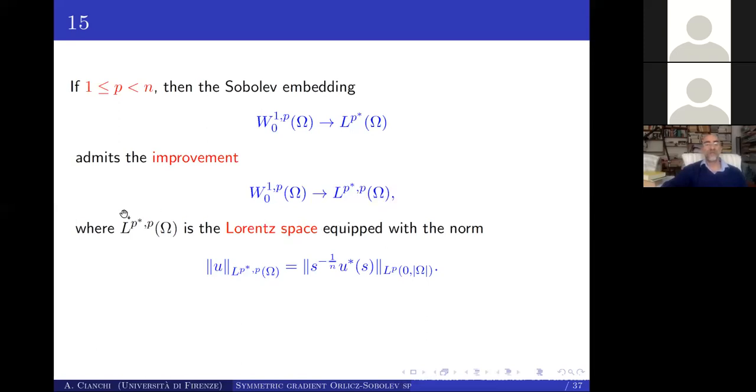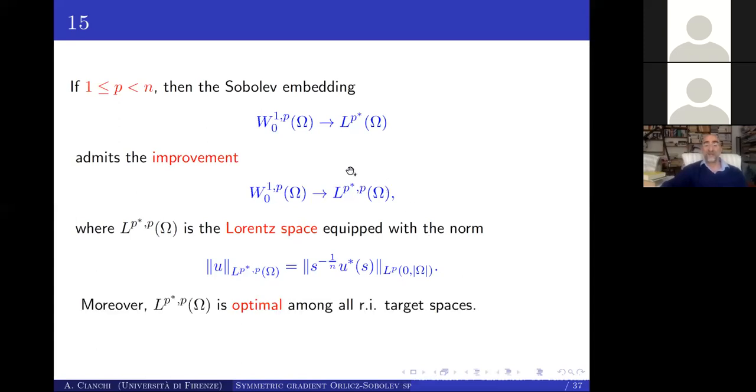And for this special couple of exponents, the Lorentz space is given by this formula, where we have to take the decreasing rearrangement of u, multiply by this negative power of s to the minus 1 over n, and then we have to take this norm in L p of 0 to the measure of omega. So this is the definition of this space, and please try to keep this in mind, because later for Orlicz spaces there will be a variant of this one that I'll show you.